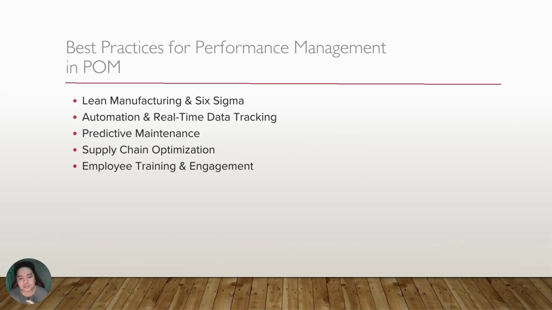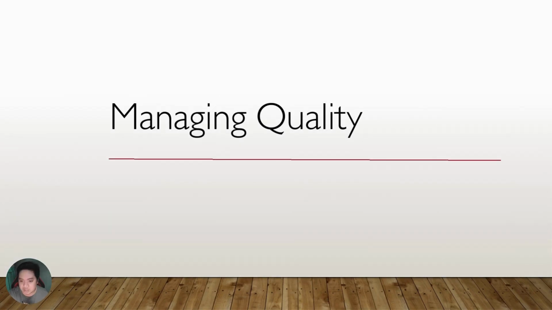Let's go to another topic, managing quality. Managing quality supports the differentiation, low cost, and response strategies. It also helps firms increase their sales and reduce costs. So, what are the ways to improve profitability by means of quality?